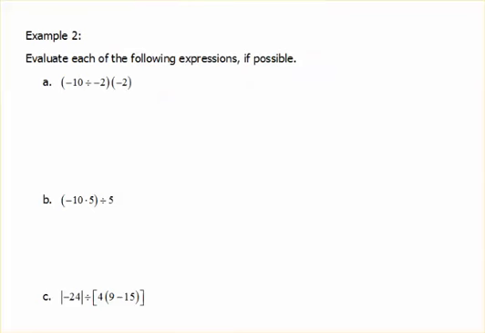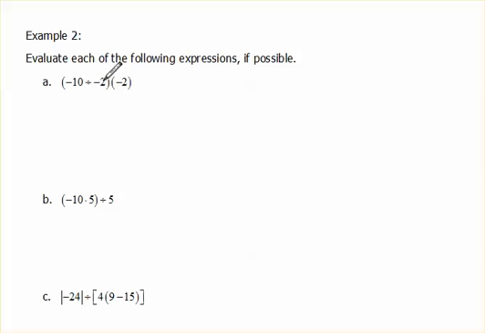Okay, so let's go ahead and do example 2 while we're here. This says evaluate each of the following expressions if possible. This is all focused basically on order of operations. So let's do what's in the parentheses first.